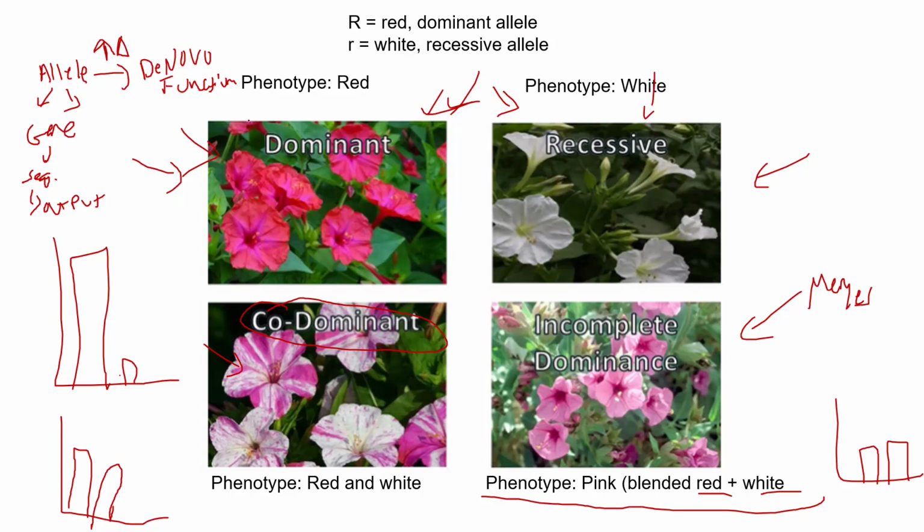So, for example, if we have big A, little a, for color, well, big A is a protein series that creates red pigment and puts in red pigment. Little a would be a series of proteins that puts in white pigment, right? So again, the function is still the same, but the output is just characteristically different.